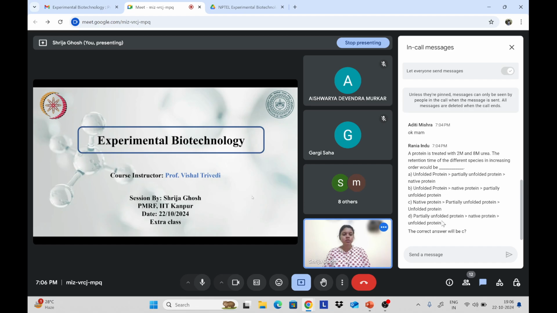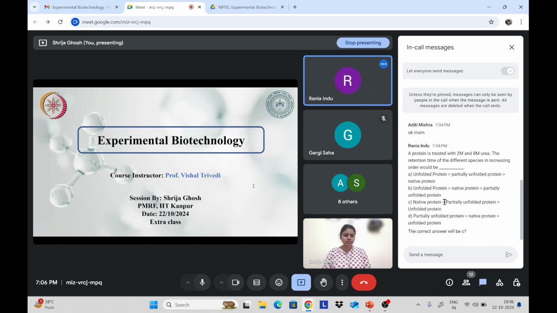So the largest molecule, the completely unfolded protein, will elute first, then the partially unfolded, and then the native protein. So C will be the correct answer. The unfolded one will have the lowest retention time, yes.